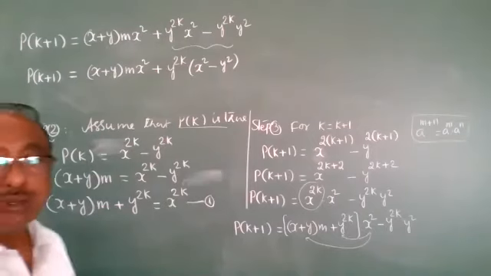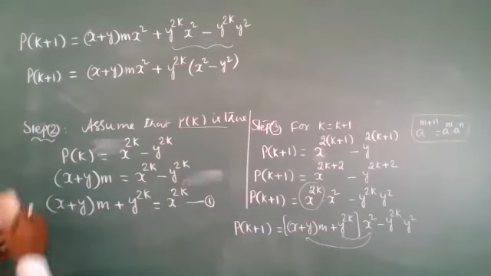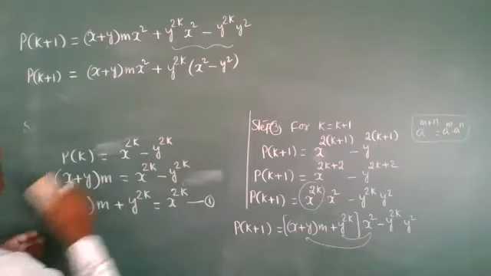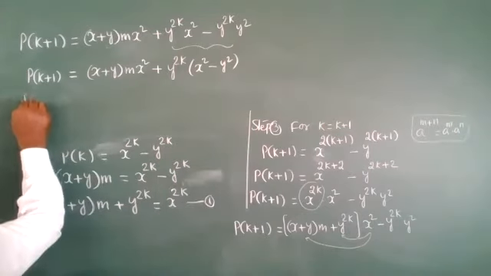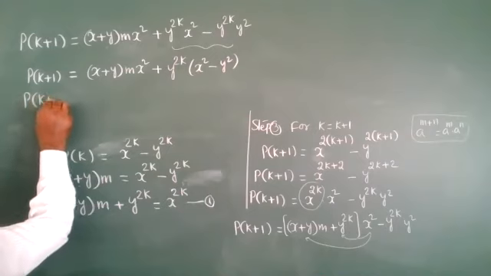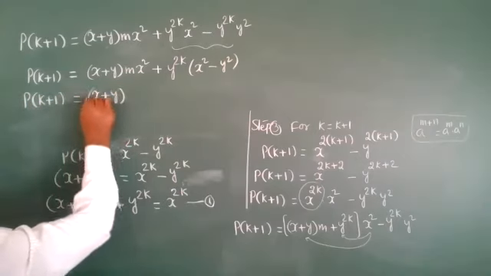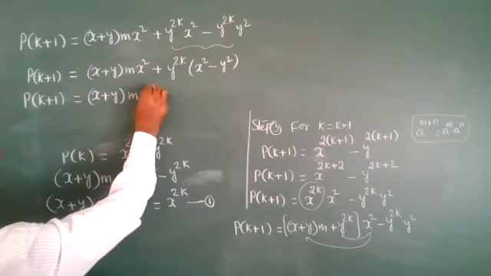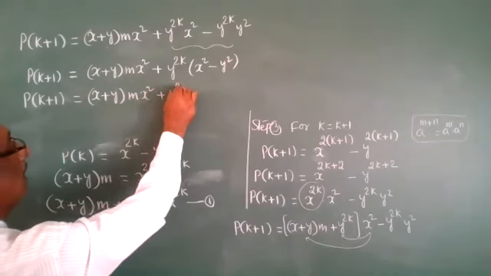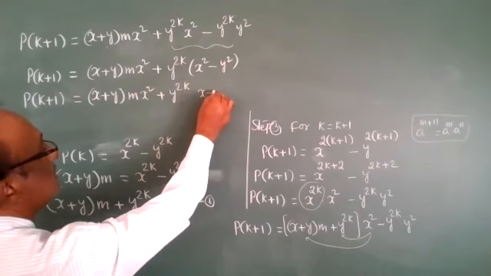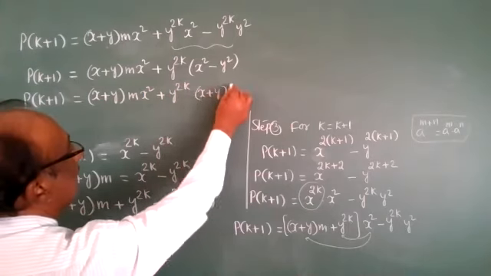Write down the x square minus y square formula, everyone. P of k plus 1 is equal to x plus y into m into x square plus y power of 2k into (x plus y) into (x minus y).